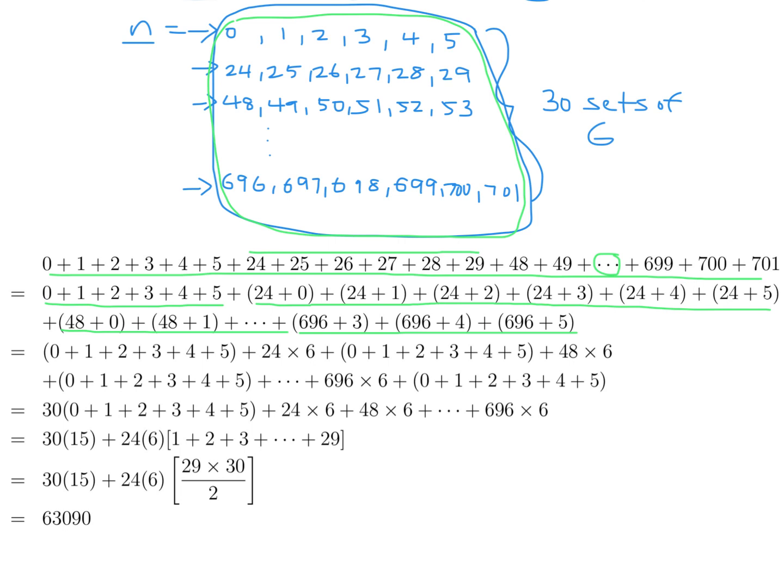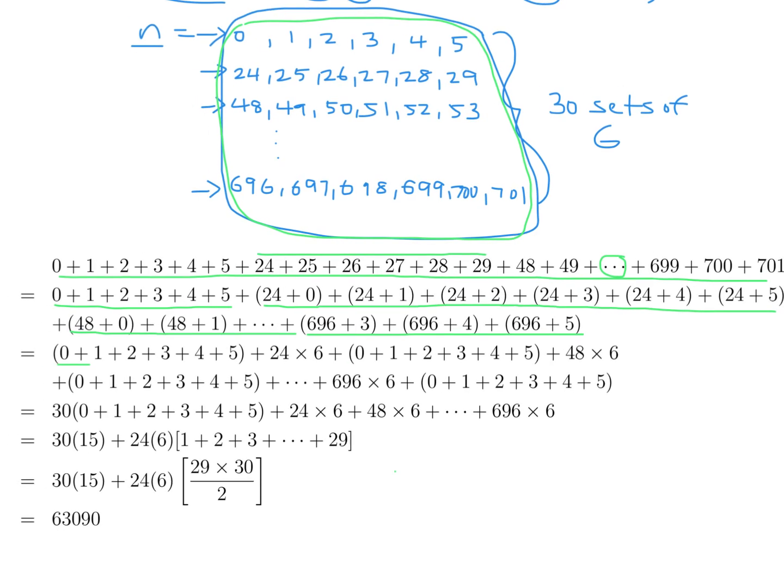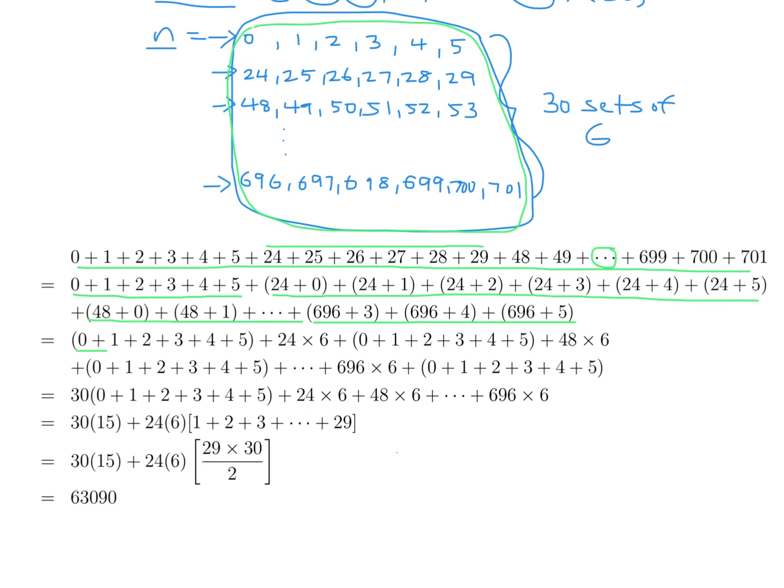And then what you do is you recognize that you can factor out the 0, 1, 2, 3, 4, 5. The first group here, let me just put in these equal signs. The first group here is the first group up here. But then every single other group has a 0, 1, 2, 3, 4, 5 in it. And that's why you have these guys here.